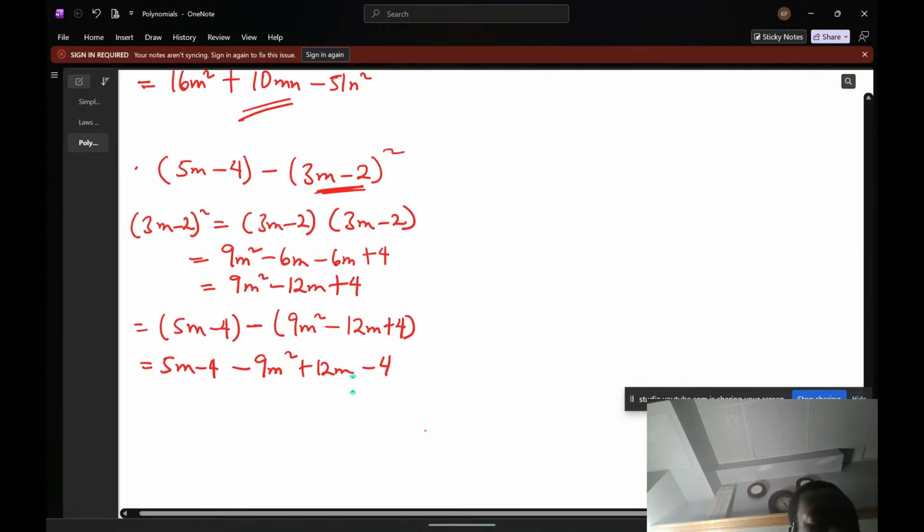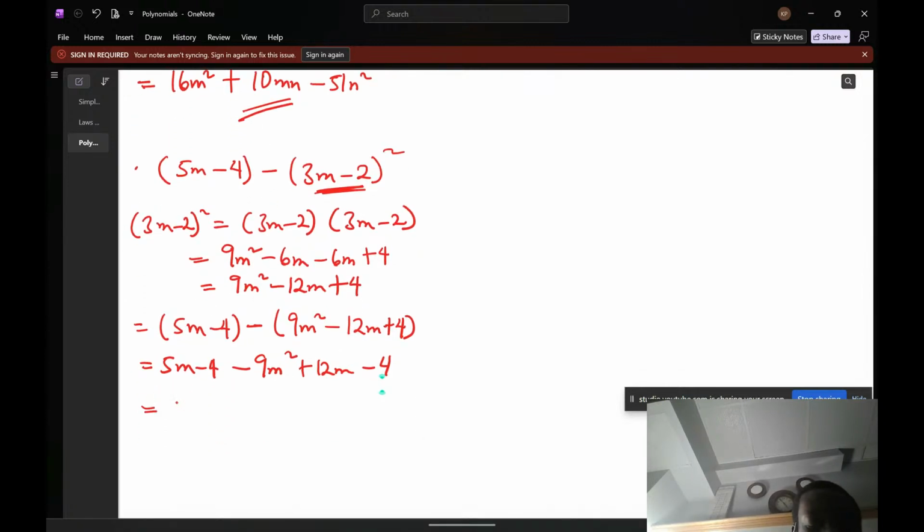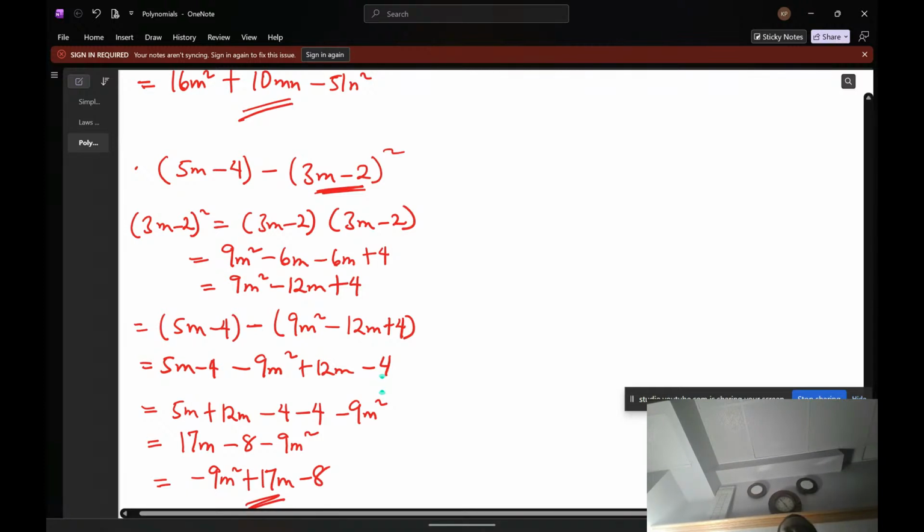Let me collect the like terms: 5m plus 12m, minus 4 minus 4, minus 9m squared. 5m plus 12m is 17m. Minus 4 minus 4 is minus 8. Then we have minus 9m squared. So let me write it like this: minus 9m squared plus 17m minus 8. So that's the final answer.